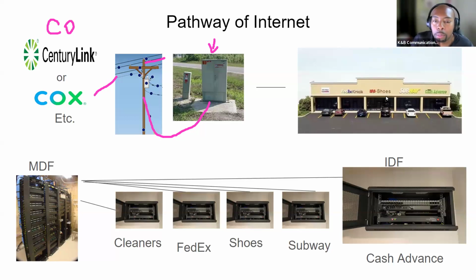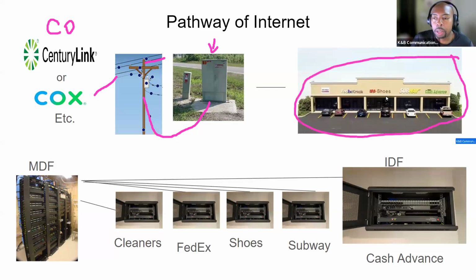So then, from this green box, let's say this strip mall is being opened up. What the provider is going to do is run a wire from this green box to a room known as the MDF.